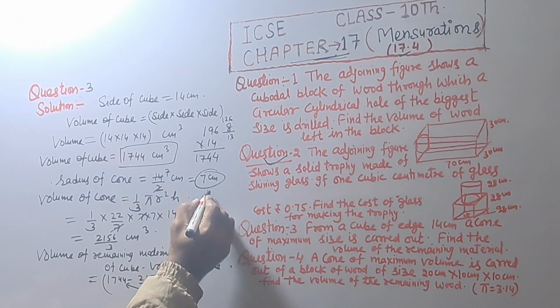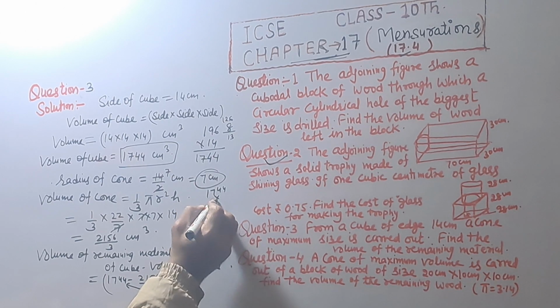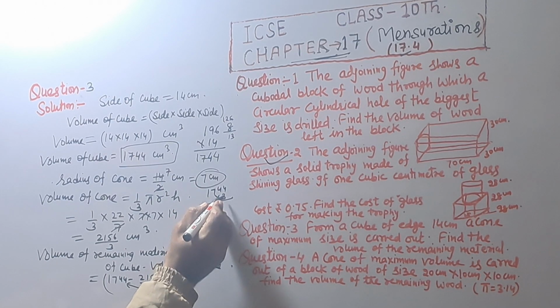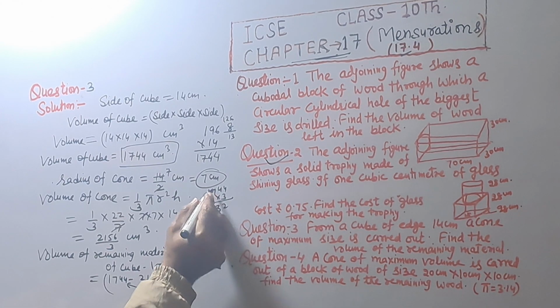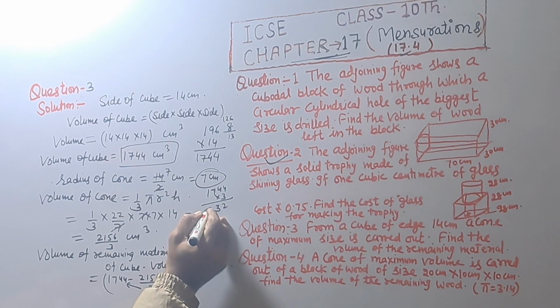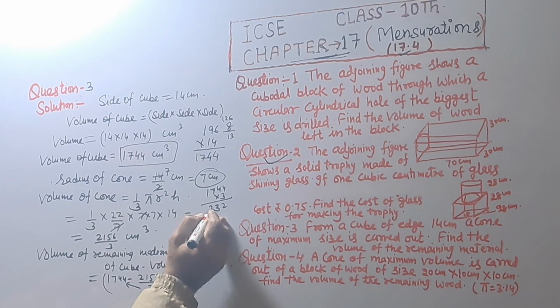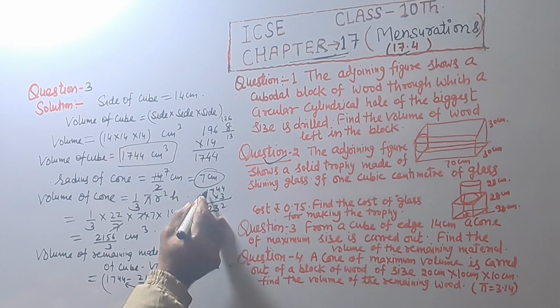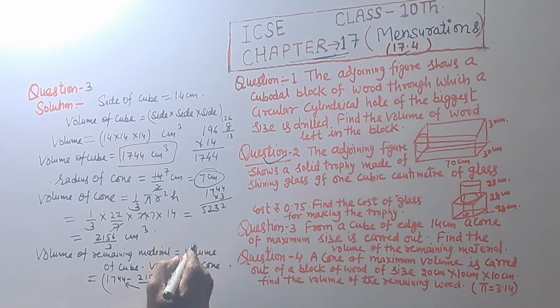We get 1744 into 3. 3 4s are 12, 3 4s are 12 plus 1 is 13, 7 3s are 21 plus 1 is 22, and 3 1s are 3 plus 2 is 5.